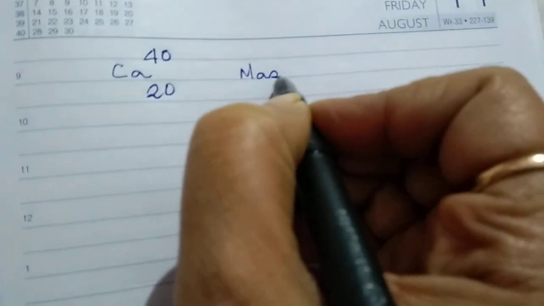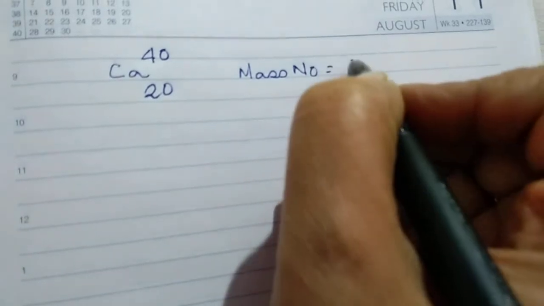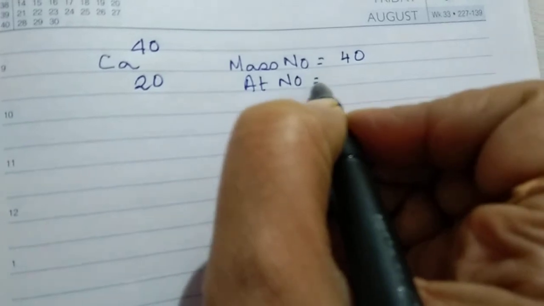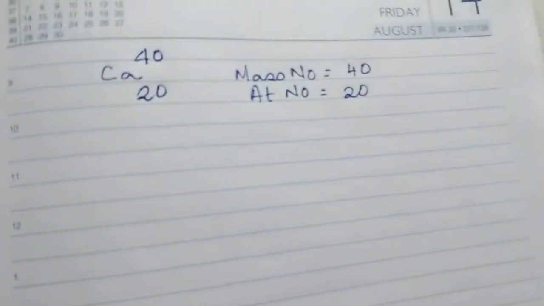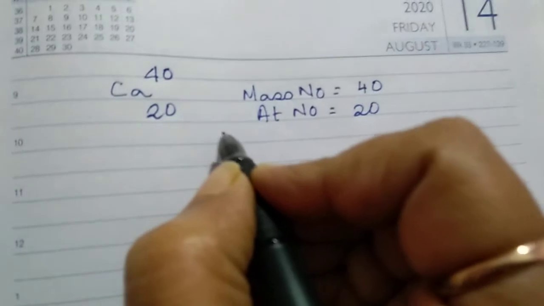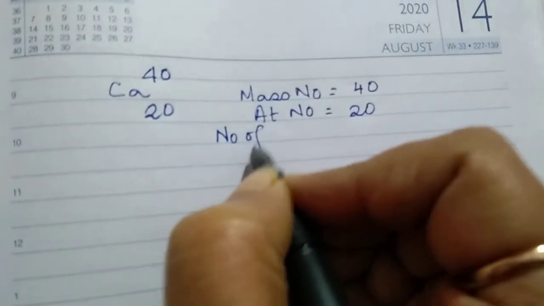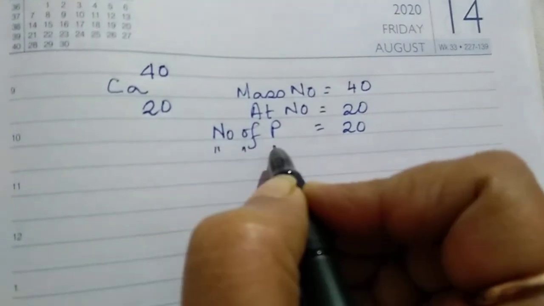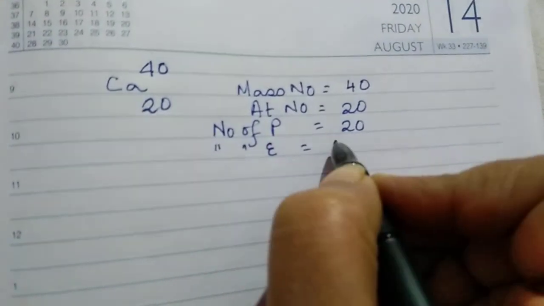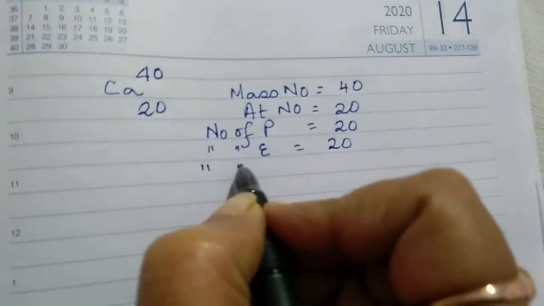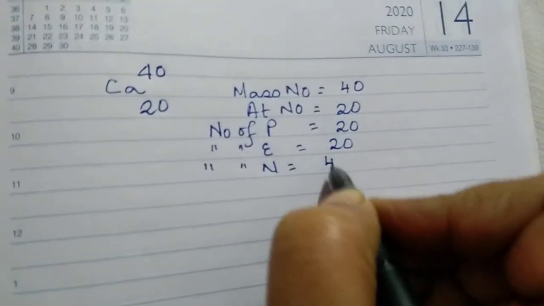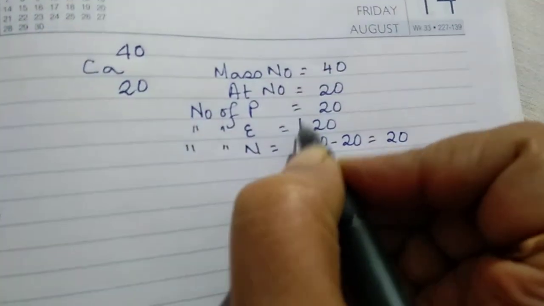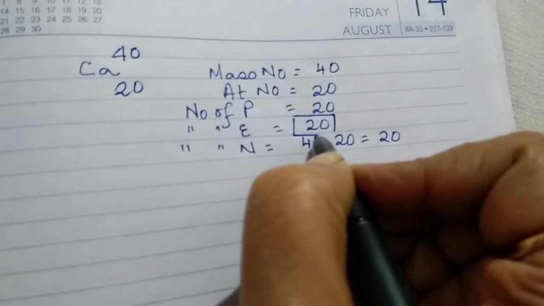Mass number 40, atomic number 20, number of protons 20, number of electrons 20, number of neutrons will be 40 minus 20, that is 20. That means how many electrons do I have to distribute? 20. I'll explain this first.